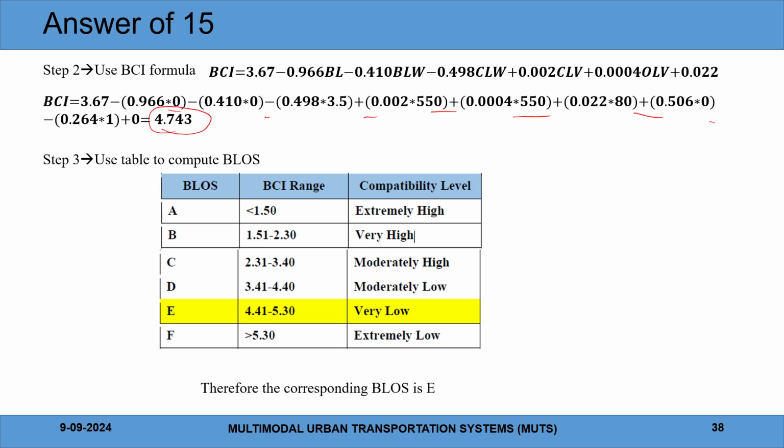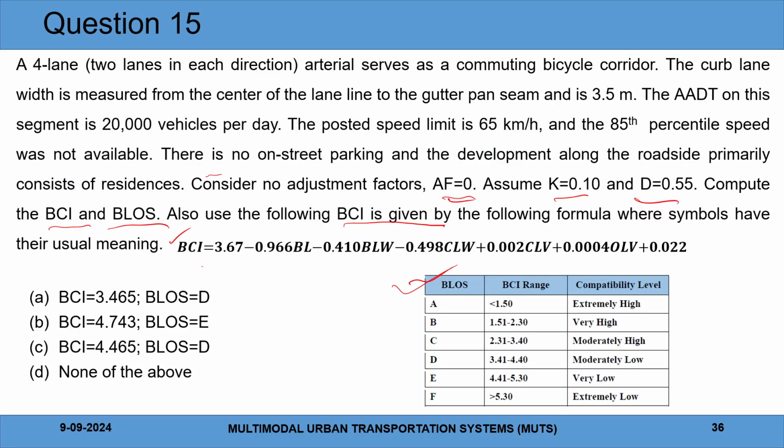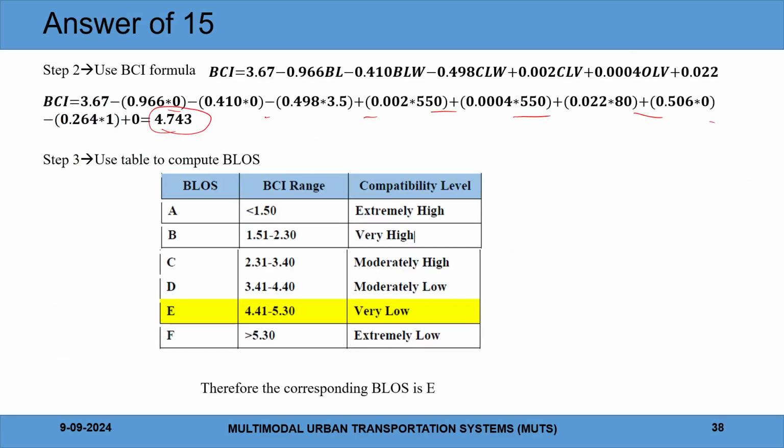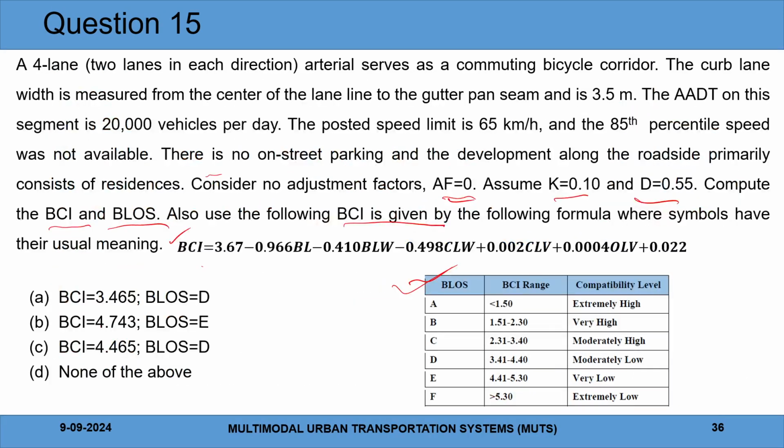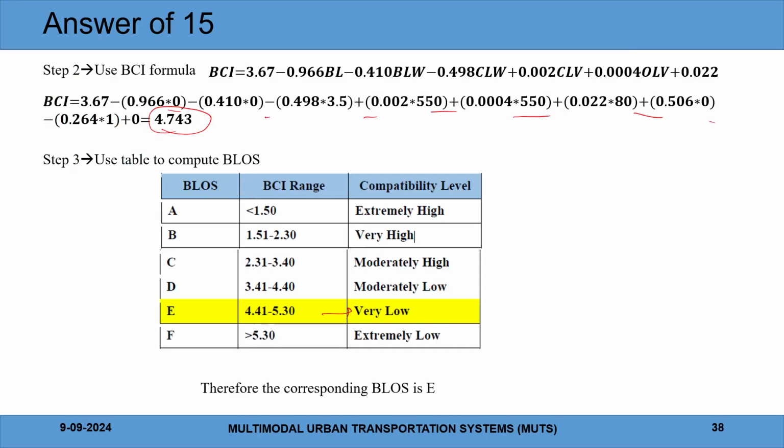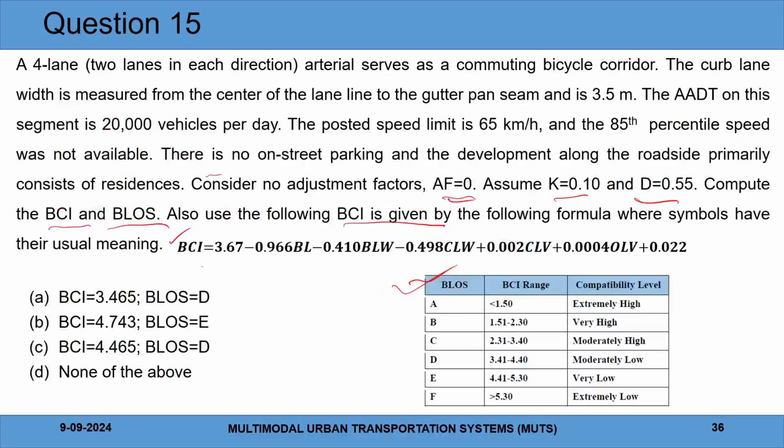Now if we see this table, BLOS, BCI range and compatibility level, it will fall under this very low category. So the correct option will be E and 4.743, 4.743 and E. This option B will be the correct answer here.